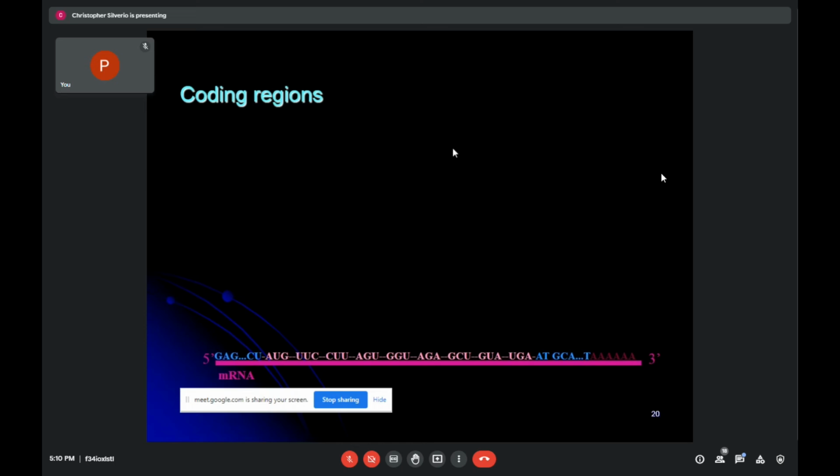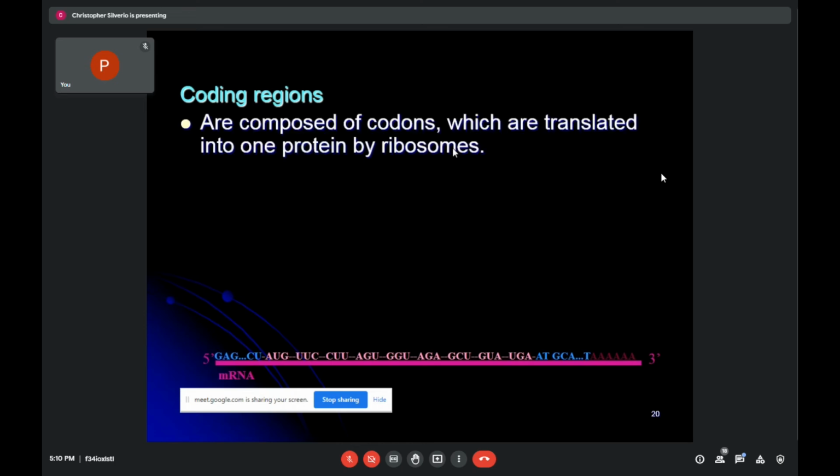Okay, coding regions. This is the coding region of the messenger RNA, from this one to this one.